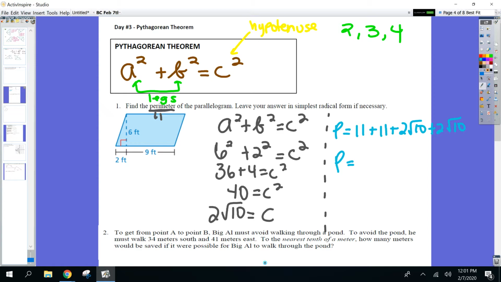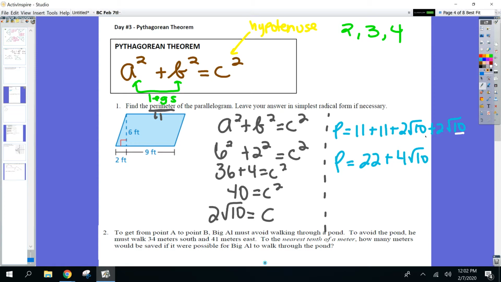You can combine maybe a couple pairs, but not all 4. What do you think you can combine? 11 and 11. Absolutely. 22. Think you can combine 2 radical 10 and 2 radical 10? Okay, yes, you can. 4 radical 10. As long as what's underneath is the same, you can combine them.